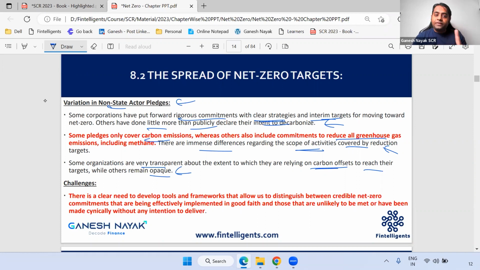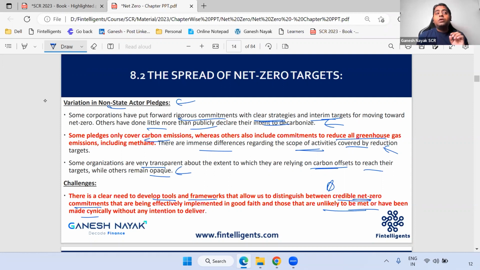And what is the challenge that we are looking at? The challenge right now is that we need to develop tools and frameworks, because we want to distinguish, and this is an important point, credible net zero commitments. Somebody who is actually interested in reaching net zero and reducing carbon emissions, those companies, those cities, we should be able to bifurcate them from those who are just making announcements, who are cynical.